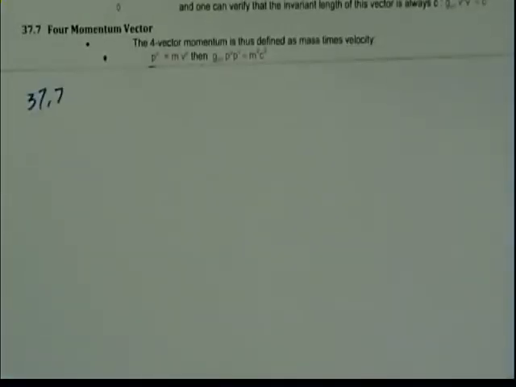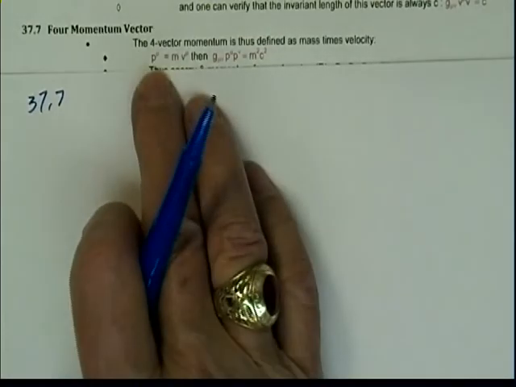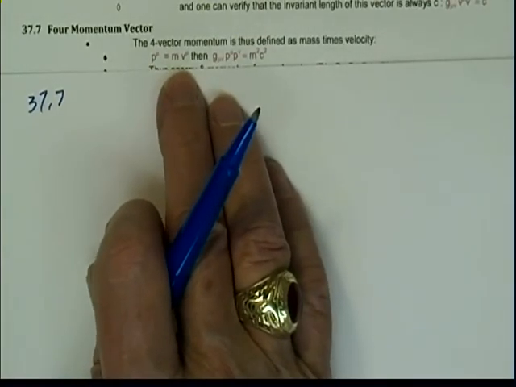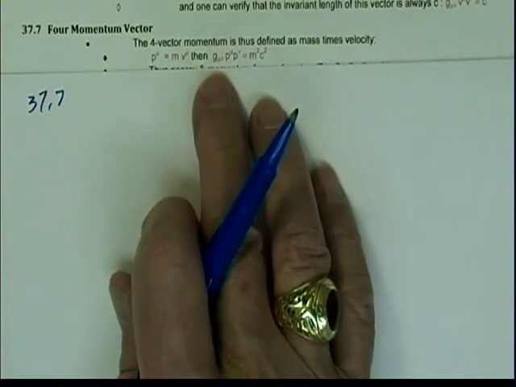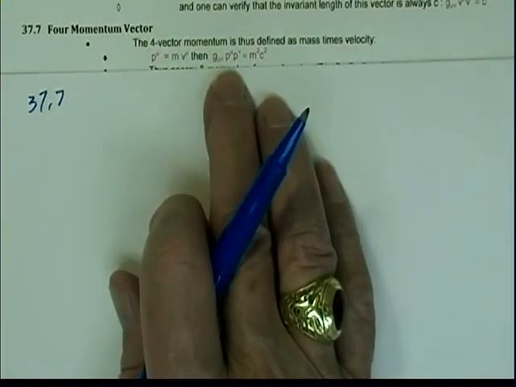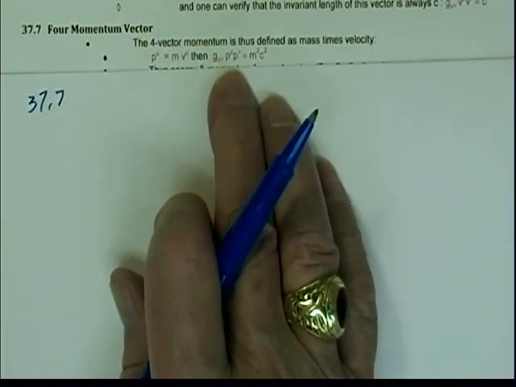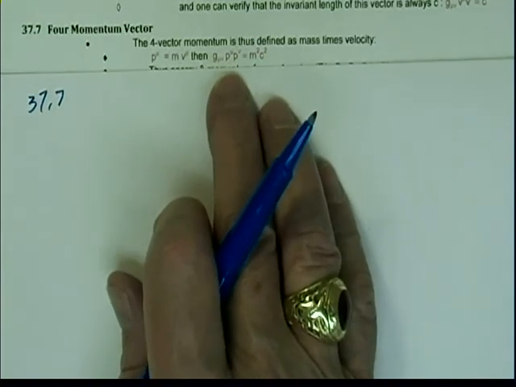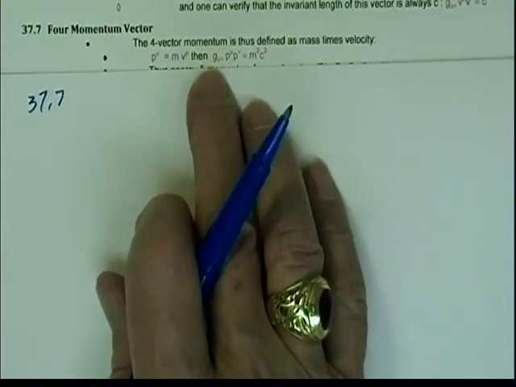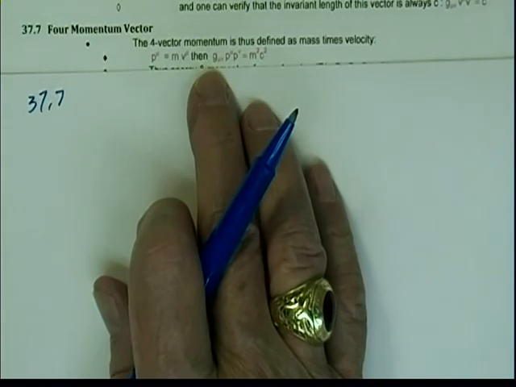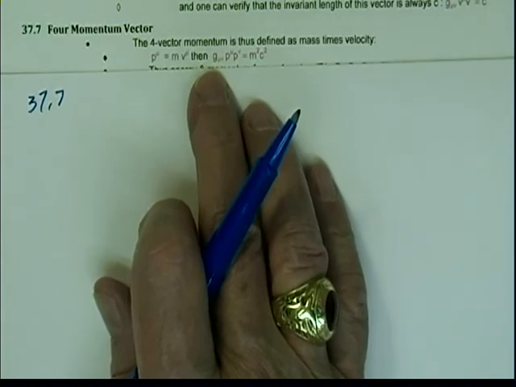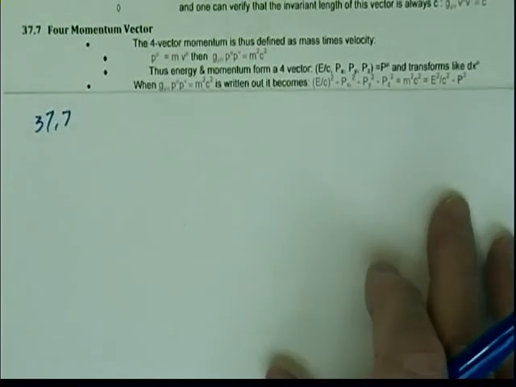We see that explicitly when I define this p mu as mass times v mu, which is what I just did. Then I form this scalar product, which gives p naught squared minus p1 squared minus p2 squared minus p3 squared, because this g, called the metric of the space, has the diagonal values of 1, minus 1, minus 1, minus 1.